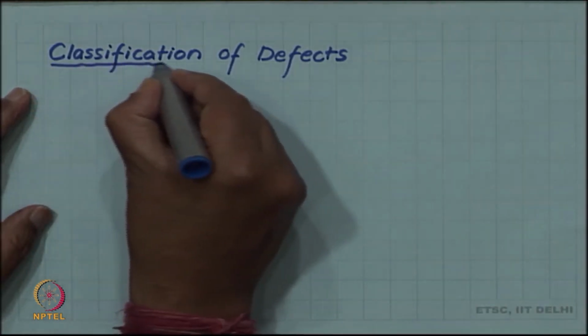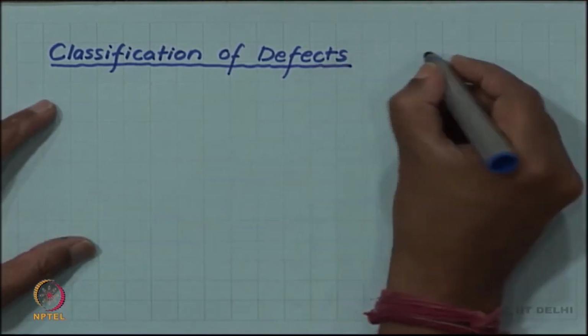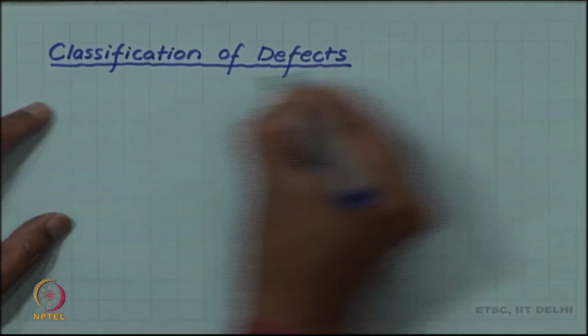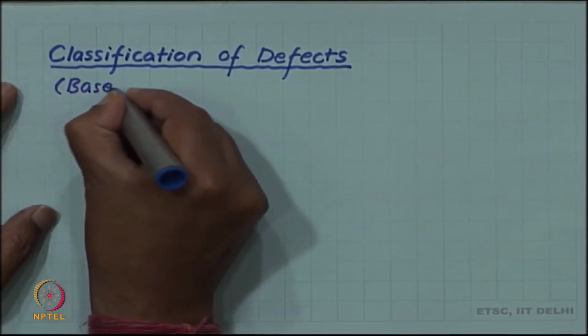Defects can be classified, and one way of classification is based on the dimensionality. So, this classification which we are going to give you is based on the dimensionality.